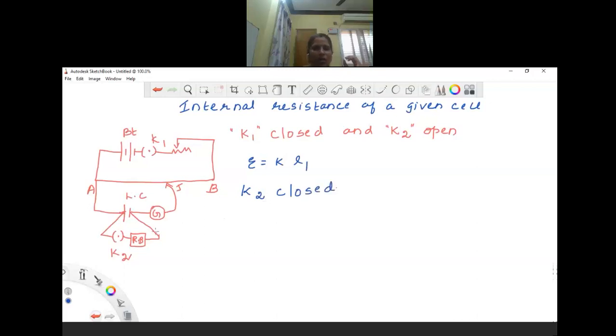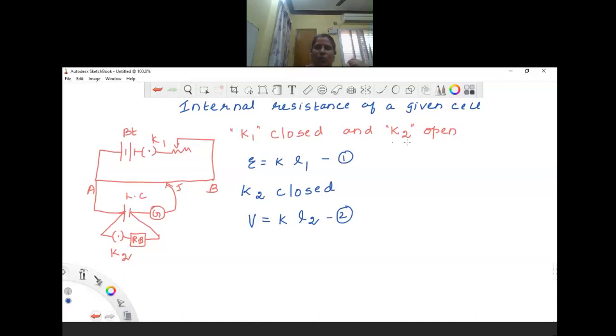Now we are including some resistance here. When K2 is closed, we get the potential difference across the cell. That potential difference V is equal to K into L2. This is your equation number 1 and this is your equation number 2.